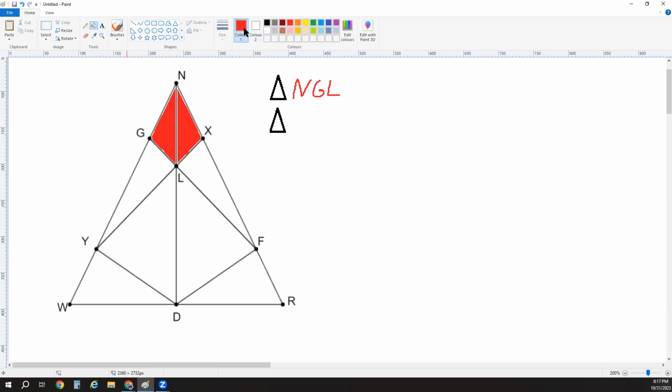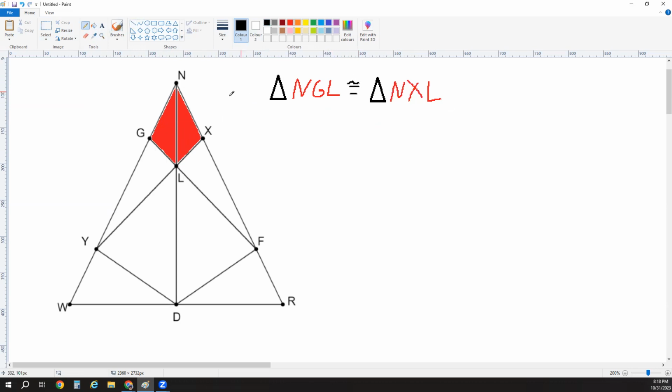Okay, so NXL, right? So if we said that these two triangles were congruent, right? We'll just give you that given. Okay, so the given is that these two triangles were congruent, right?